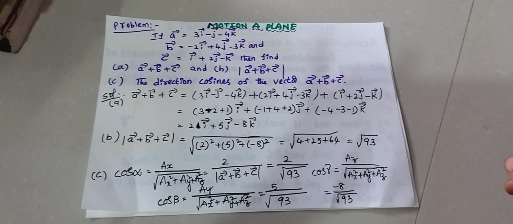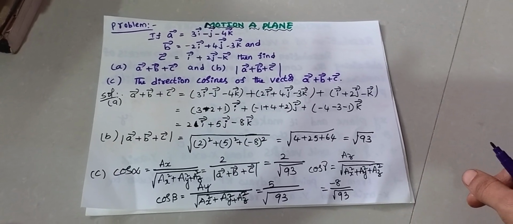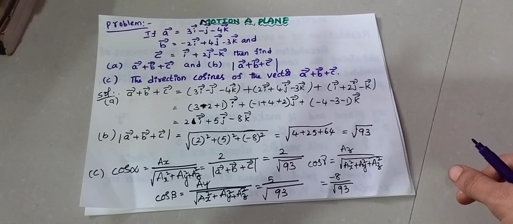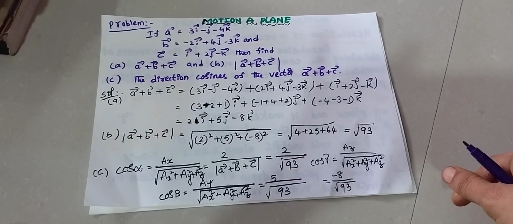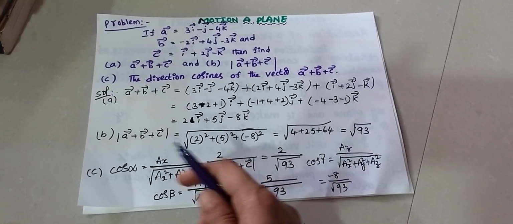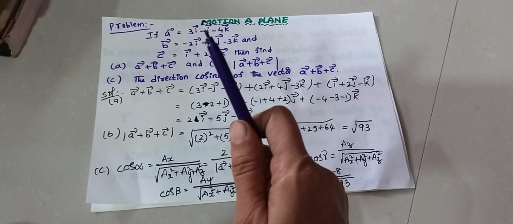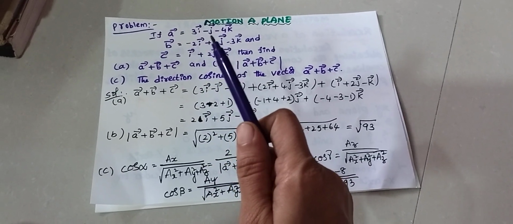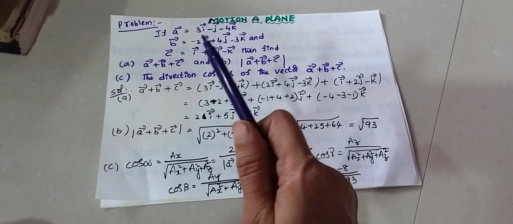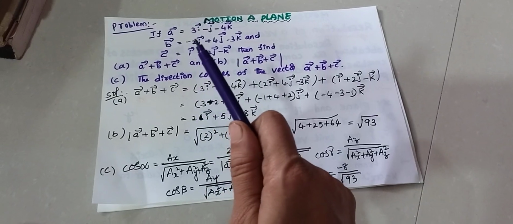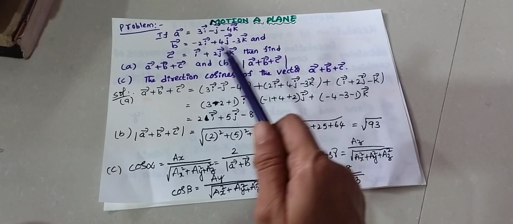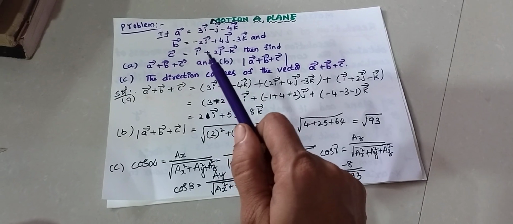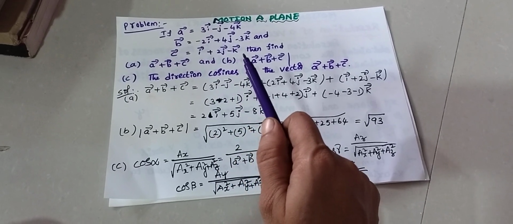According to this topic, resolving a vector, there is a small problem. A bar is equal to 3i bar minus j bar minus 4k bar. B bar is equal to minus 2i bar plus 4j bar minus 3k bar. And C bar is equal to i bar plus 2j bar minus k bar.